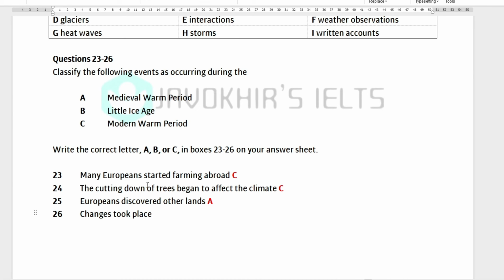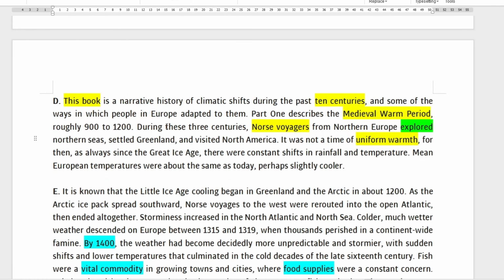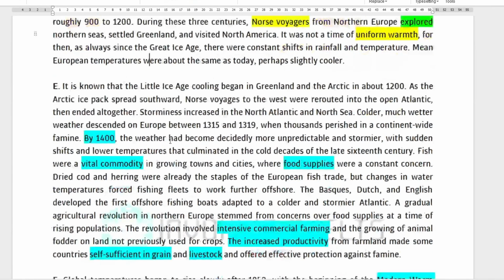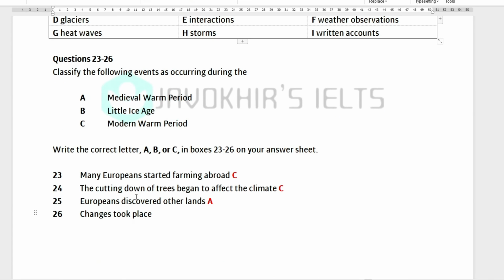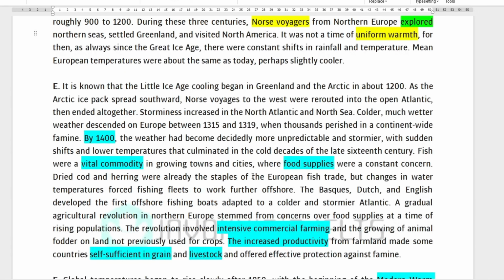Changes took place. Okay, what exactly are the changes? What kind of changes? Changes in water temperatures forced fishing fleets to work further offshore.